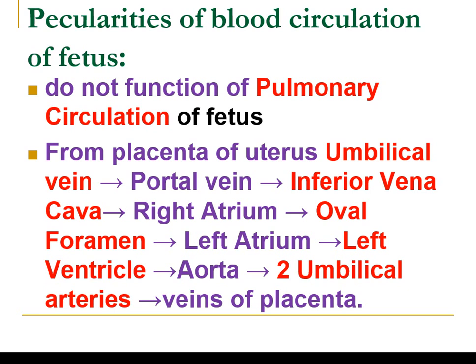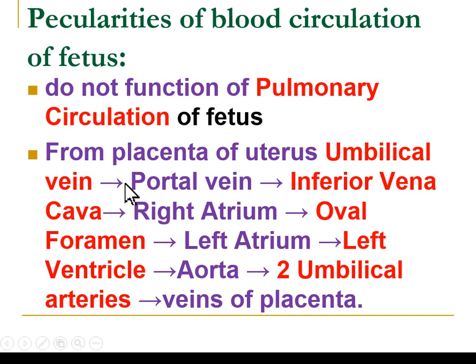From the placenta of the uterus originates the umbilical vein. It directs the oxygenated blood from the placenta to the abdominal cavity.